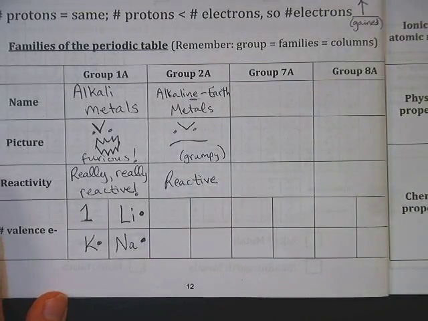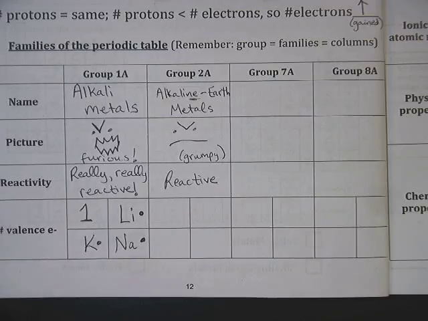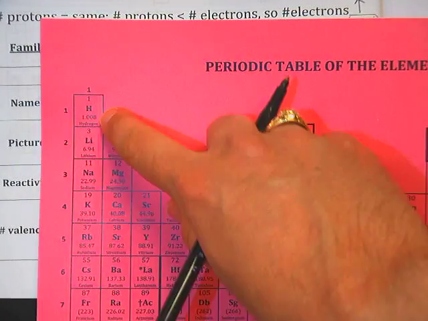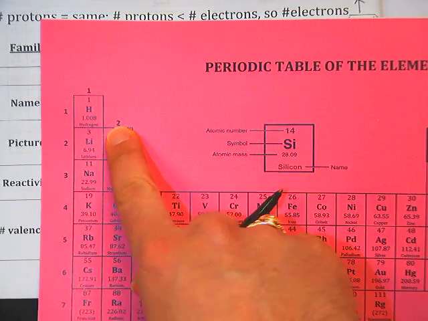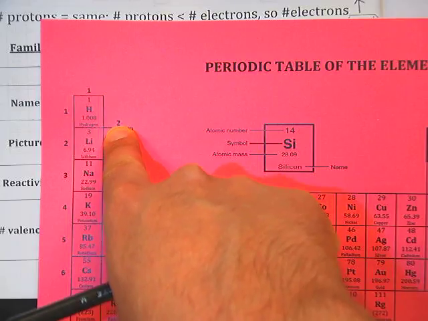How many valence electrons do alkaline earth metals have, Leah? Do you know how to find out? What you do is you go to your periodic table, you find the alkaline earth metals, which are this group right here, and that number at the top tells you how many valence electrons there are.